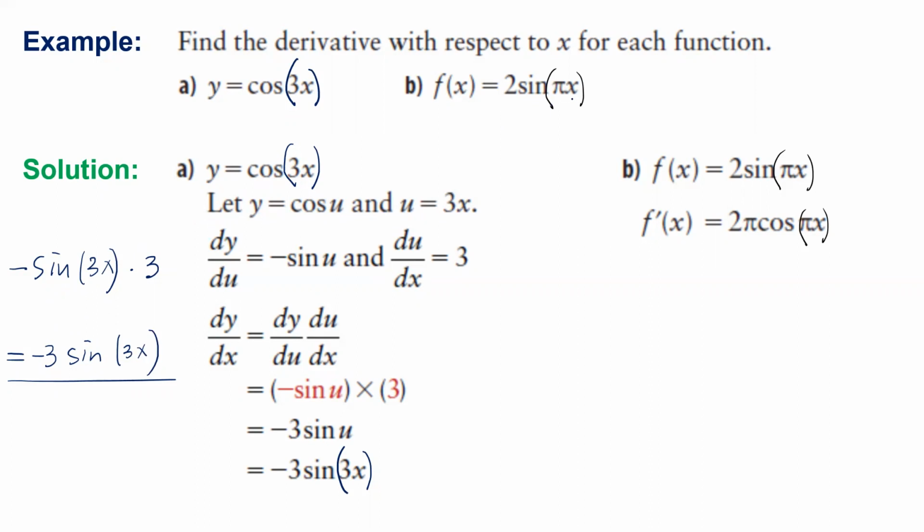And for the second question, again, the derivative of this function equals the derivative of the outer function, which is 2 times cosine pi x, times the derivative of the inner function, which is pi x. The derivative of pi x with respect to x, of course, is pi, right? Therefore, the final solution is 2 pi times cosine of pi x, right?